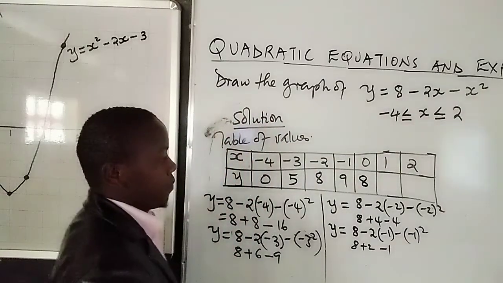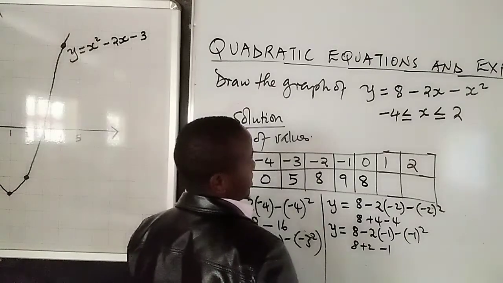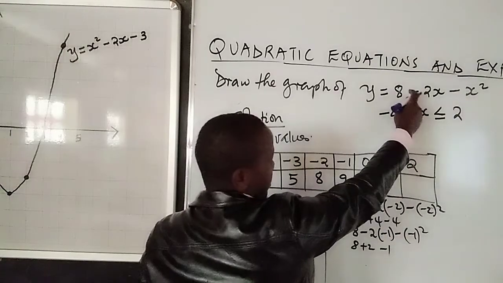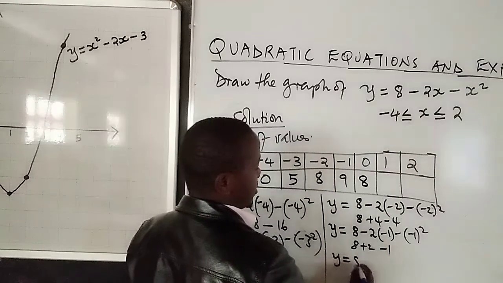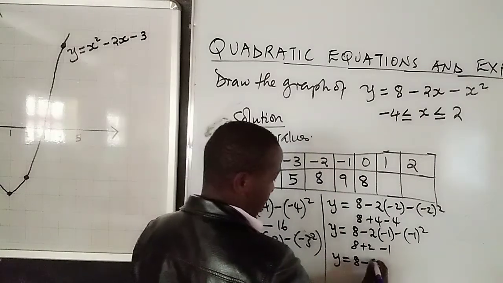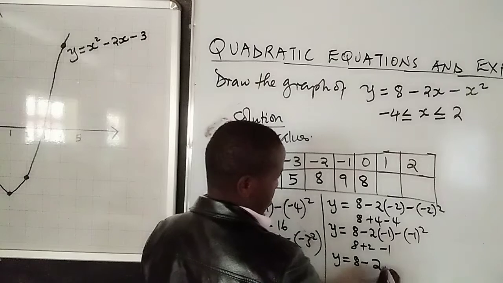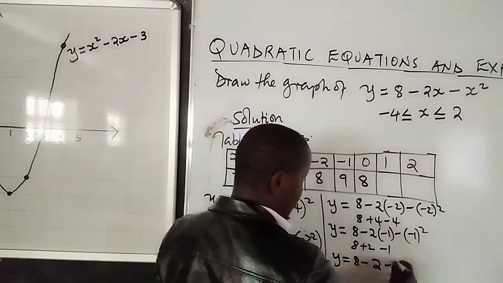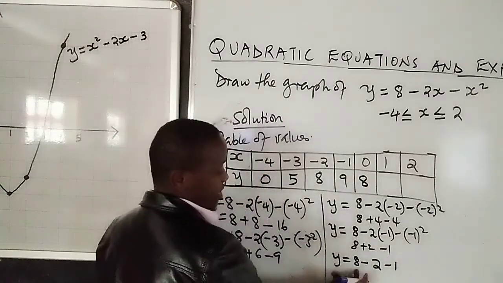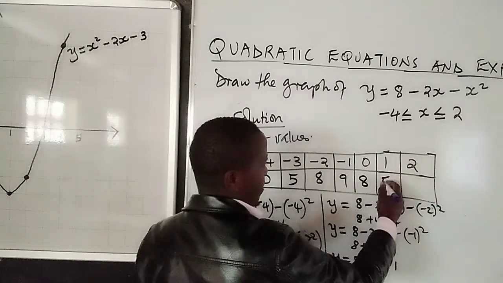Then when x is 1, we shall have y as 8 minus 2 times 1 is just 2, minus 1 squared is just 1. Therefore, 8 minus 2 minus 1, we get a 5.